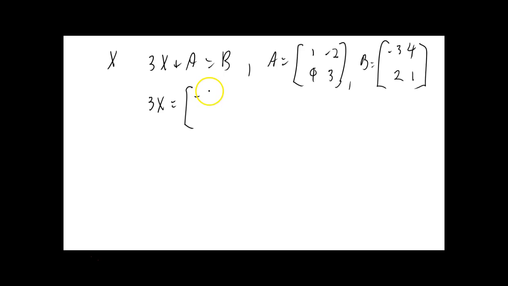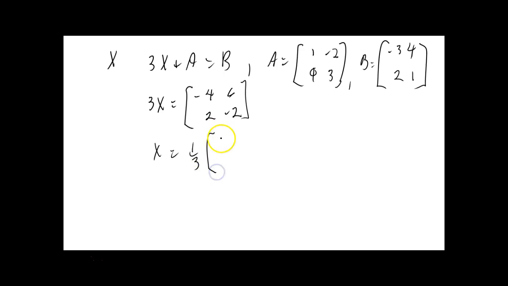Okay. What's your first entry? Oh, okay. You were just changing the sign. Got it. So rewriting. So that'd be negative 4. Got it. 6. Got it. 2. Got it. Negative 2. Got it. Okay. What would be your X then? 1/3 of that.